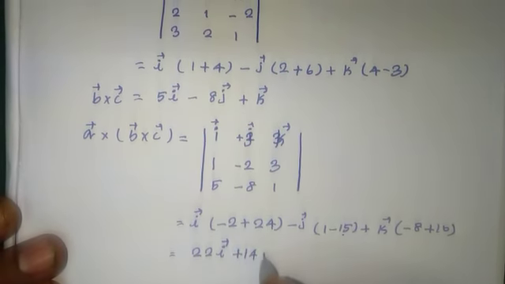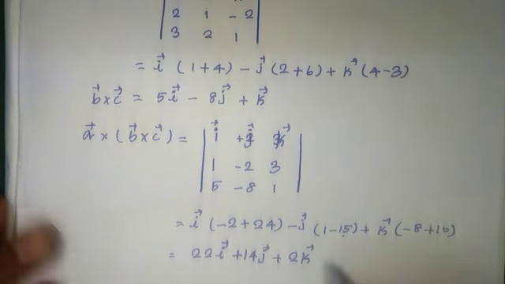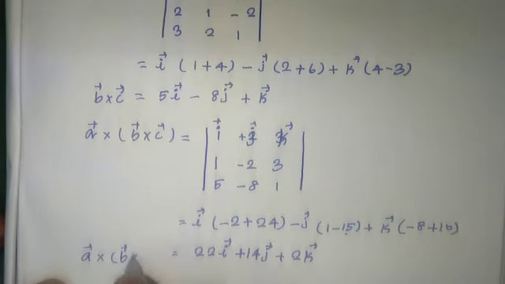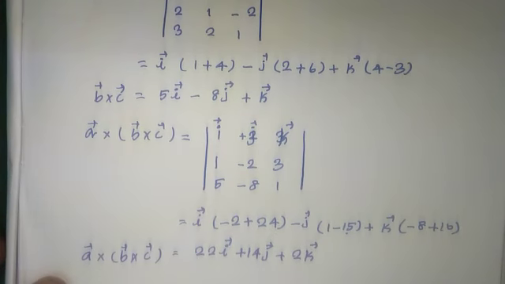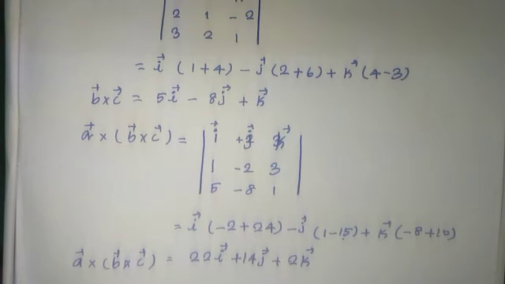So minus minus plus 14 into j vector plus 2 into k vector, that is a vector cross b vector cross c vector equal to 22i vector plus 14j vector plus 2k vector.